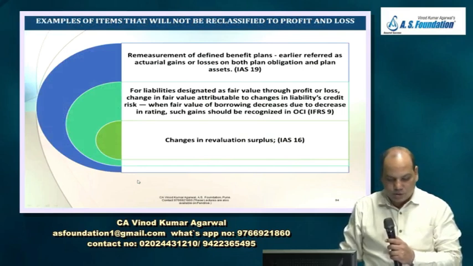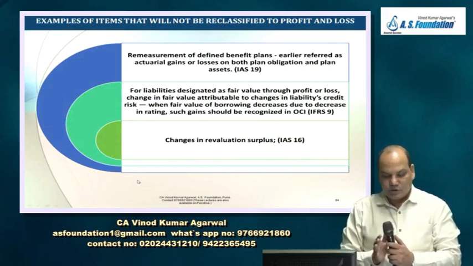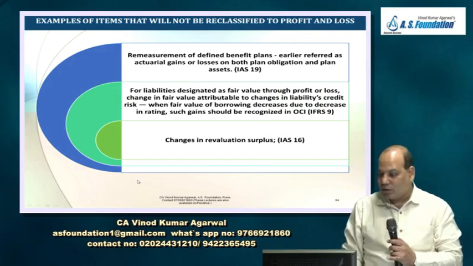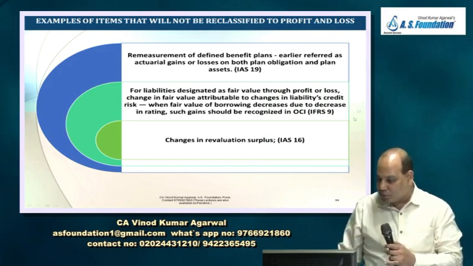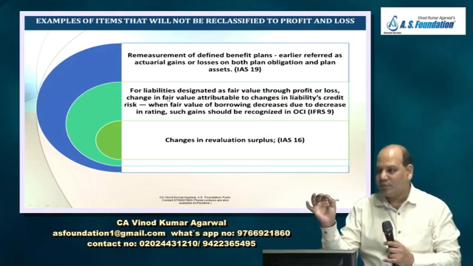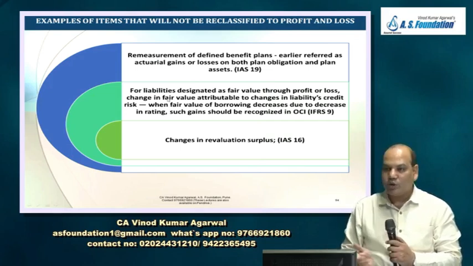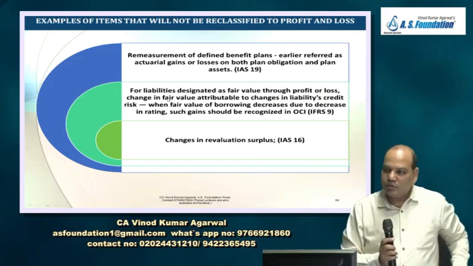Now, in your notes, I have written examples; this list is not exhaustive. Right now you may not understand, because this is just the first standard. Unless you read the specific standard, you will not be able to appreciate what is written here. But for the time being, here are examples of items that will not be reclassified to profit and loss.